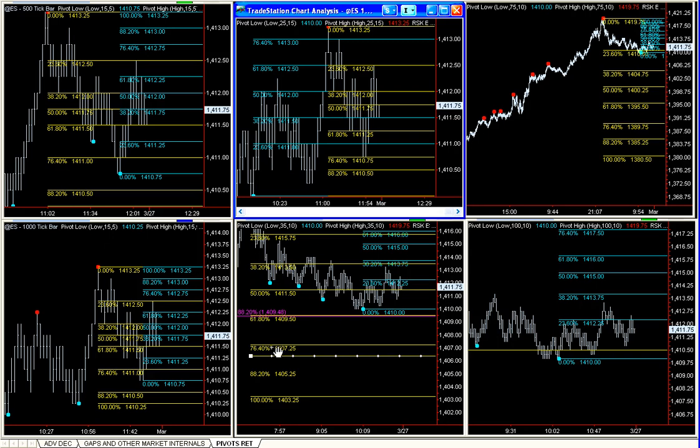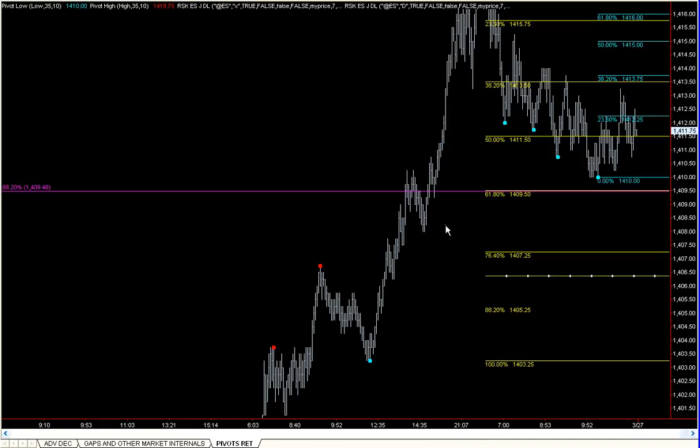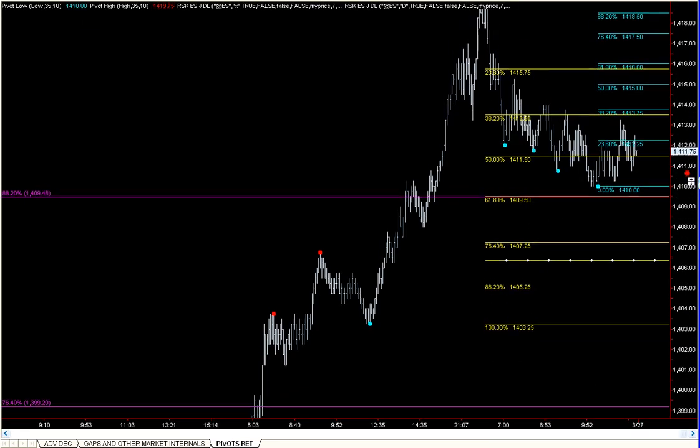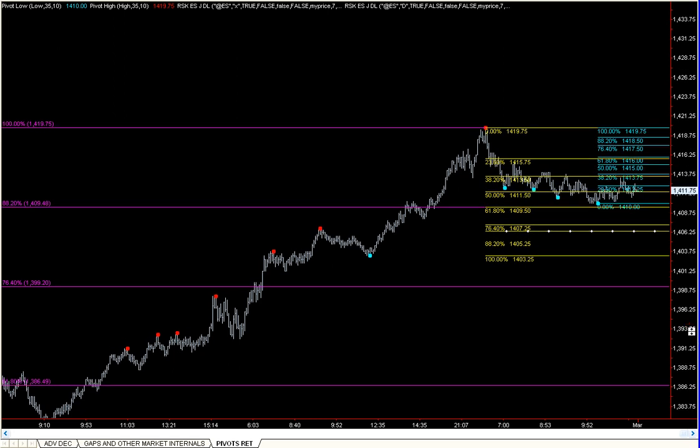Now there's something else that I've done, and I only do this on maybe one chart at a time. I may also choose to draw manually a very large Fibonacci retracement. And I do this manually because it's just too much of a bear to try to do it by way of setting up my pivot definitions.